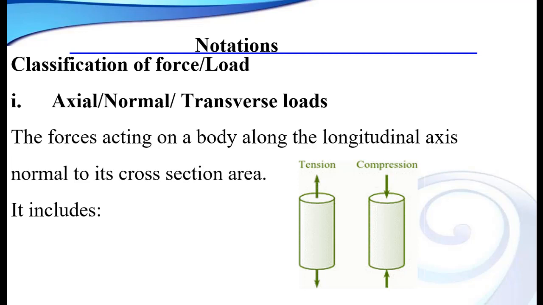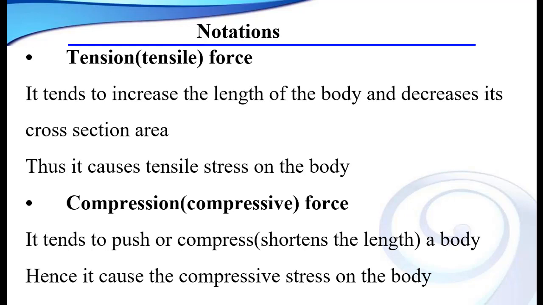We can classify the forces as one, axial forces, which is the force acting on a body along the longitudinal axis, normal to its cross-section area. They can be divided into two: tension and compressive force.